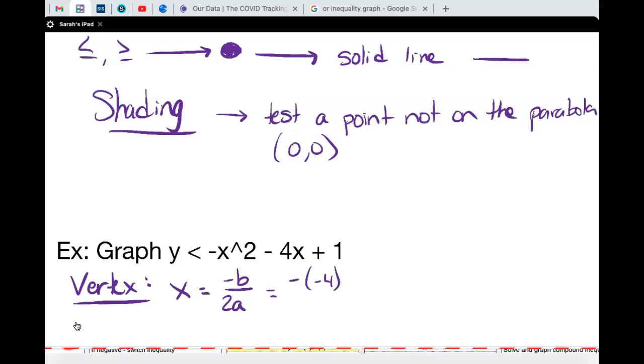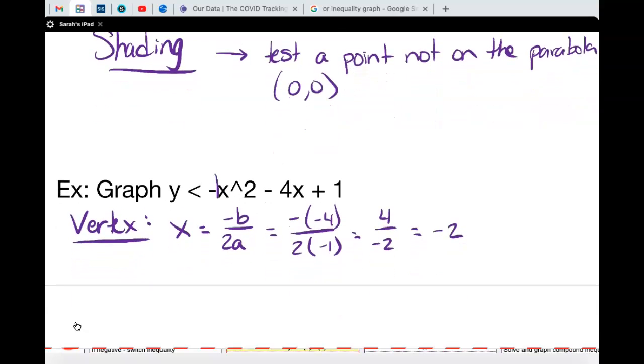And the a value is negative 1. So negative 4 is just positive 4, and 2 times negative 1 is negative 2, so this divides to be what number? Negative 2. Okay, so we have the x value of the vertex.